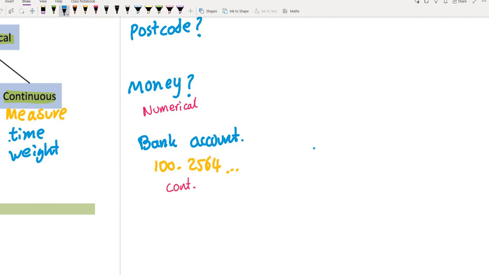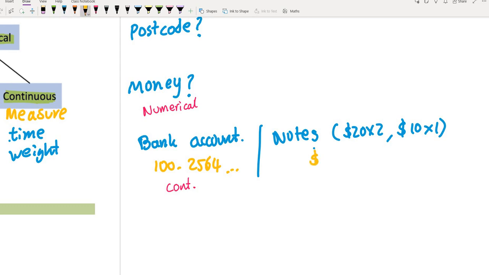Whereas if you just have some notes, so you have like two $20 notes and one $10 note, this is just $50. It's not going to be 50.424, so on and so on.